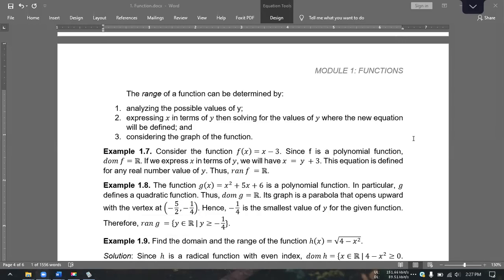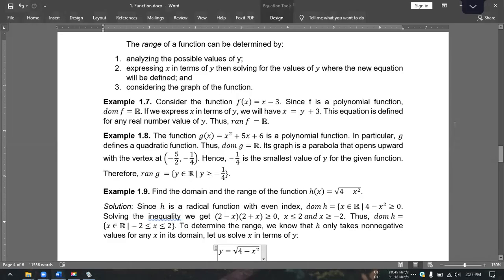So, 1.9. Find the domain and the range of the function h of x is equivalent to square root of 4 minus x squared. So we have now an example of radical function. And we have to restrict our radicand as much as possible. We have to restrict our radicand as positive.